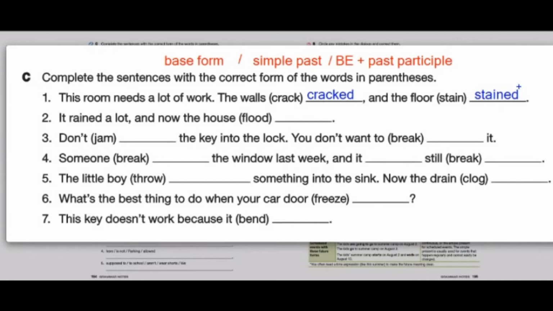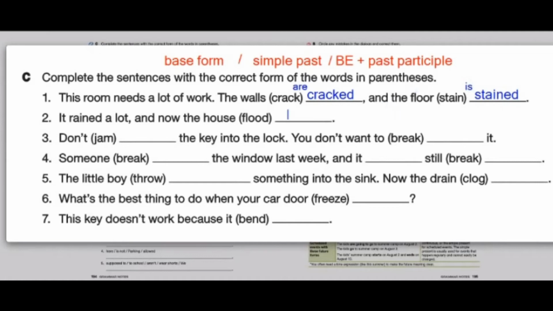What do you think? Yes, verb be being necessary. So the walls are cracked and the floor is stained. Thank you.